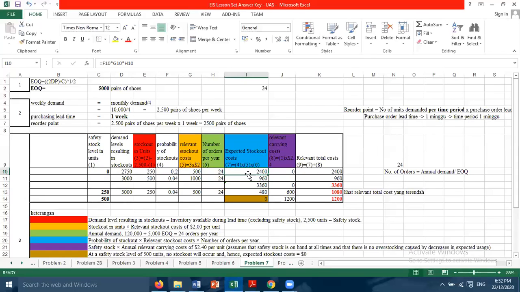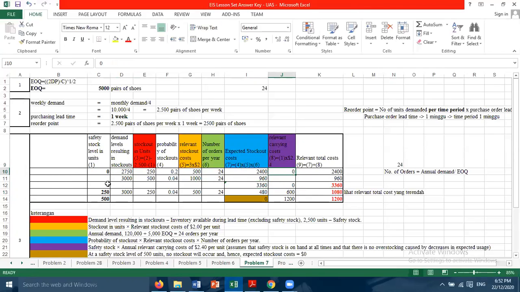Once we find the expected stock out costs, we add them up since they're both in the scenario in which we hold 0 safety stock. So if we hold 0 safety stock, we have an expected stock out cost of 3,360. How about the relevant carrying cost?